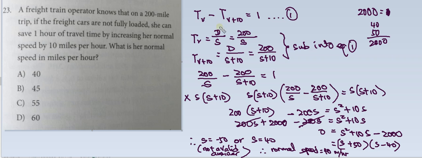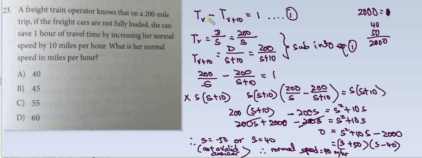Now we are also given that it can save 1 hour of travel time if you increase the speed. That means the time taken when the speed is increased by 10 is a smaller value, because the denominator is bigger.